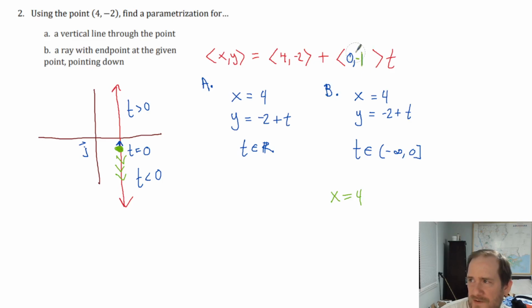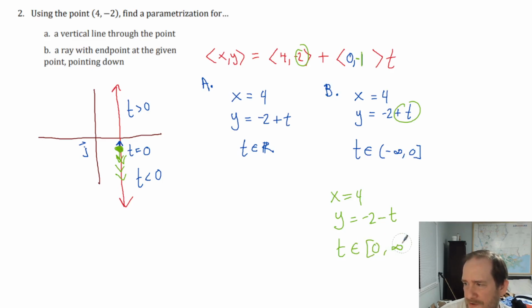You'd have to change it so that the vector you're using is the vector that pushes you down. Then you could start at 0. How would that change my equation? It would make me go -2 take away t. You just change the sign of t here. So you go y equals -2 minus t, and then suddenly your t interval, you'd still start at 0, but you'd go ahead and use positive t values, and the vector will do the work of pushing you down.